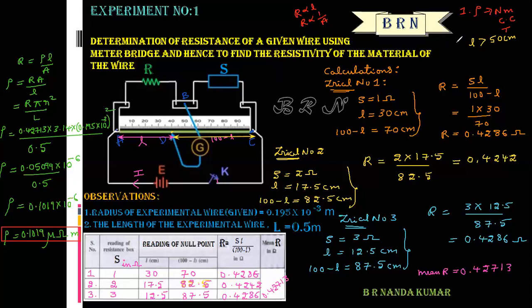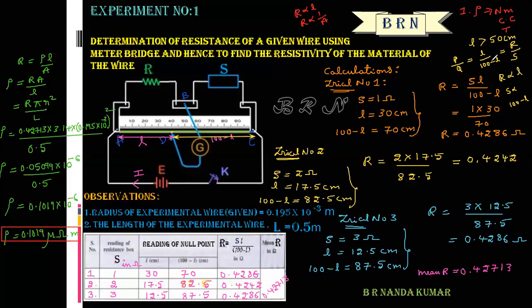What is the balancing condition? Balancing condition is P by Q, that is L divided by 100 minus L, equal to R divided by S. So resistance R is directly proportional to L, and S is proportional to 100 minus L. Here L is more than 50, which means 100 minus L is less than 50. Suppose L is equal to 60 centimeter.